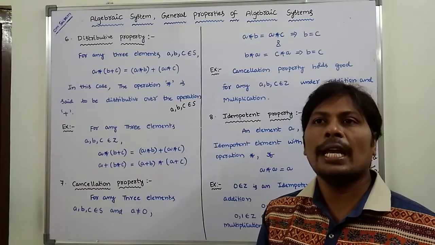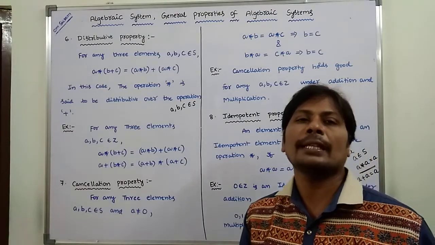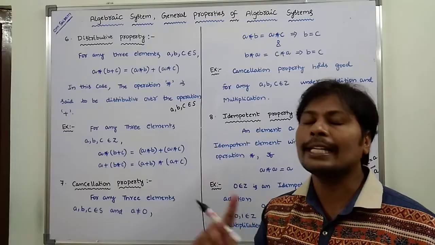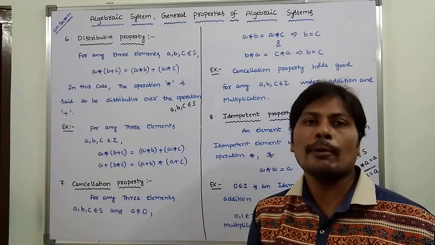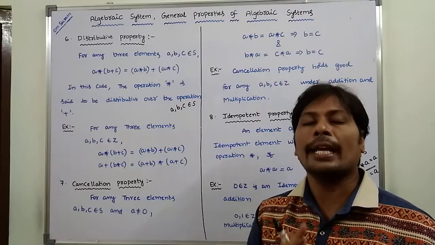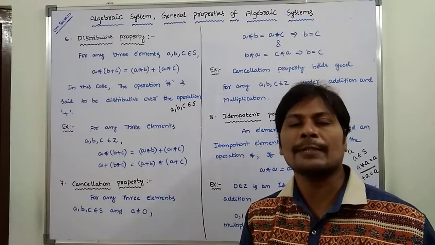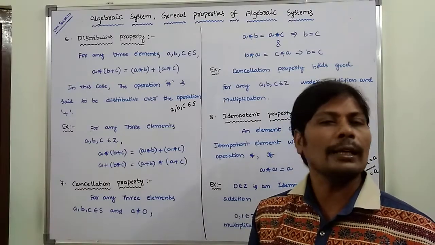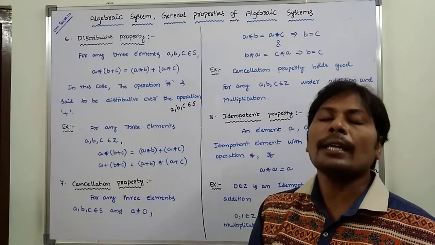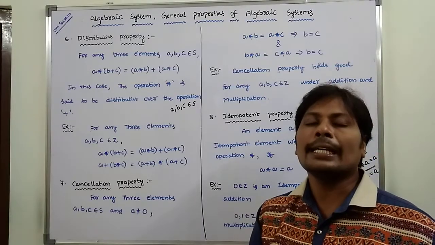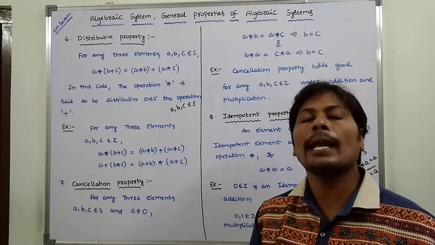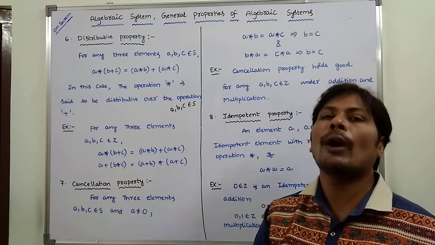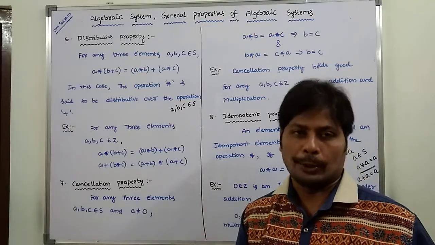Closure, associative, identity properties satisfied, then it is called a monoid. Closure, associative, identity and inverse properties are satisfied, then it is called a group. Closure, associative, identity, inverse and commutative properties, then it is called an abelian group or a commutative group.